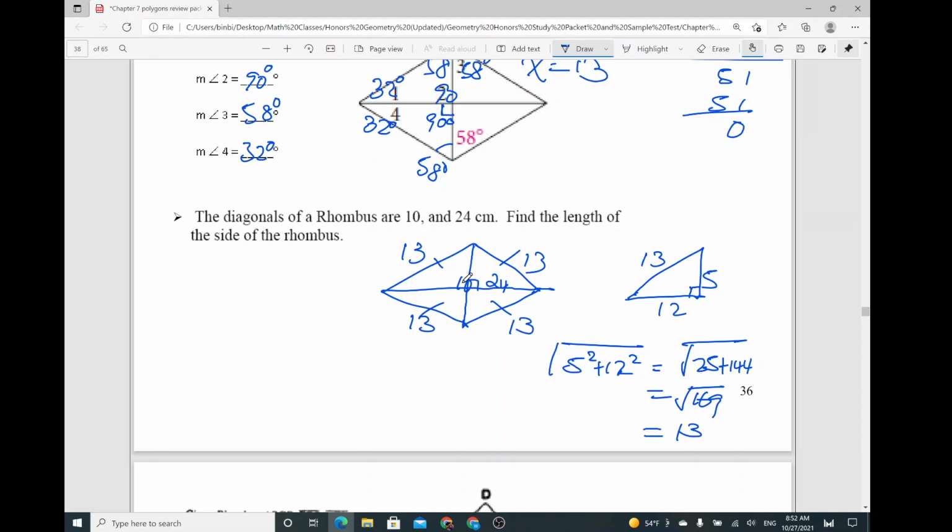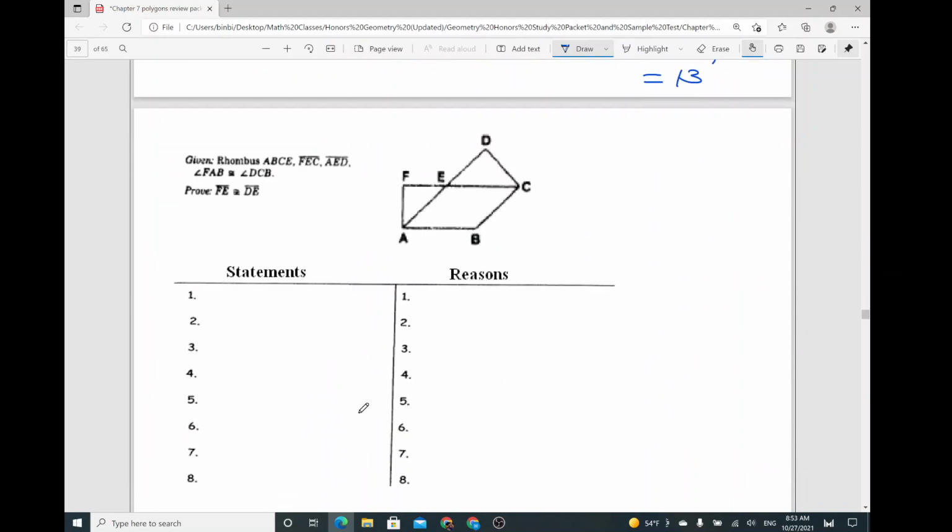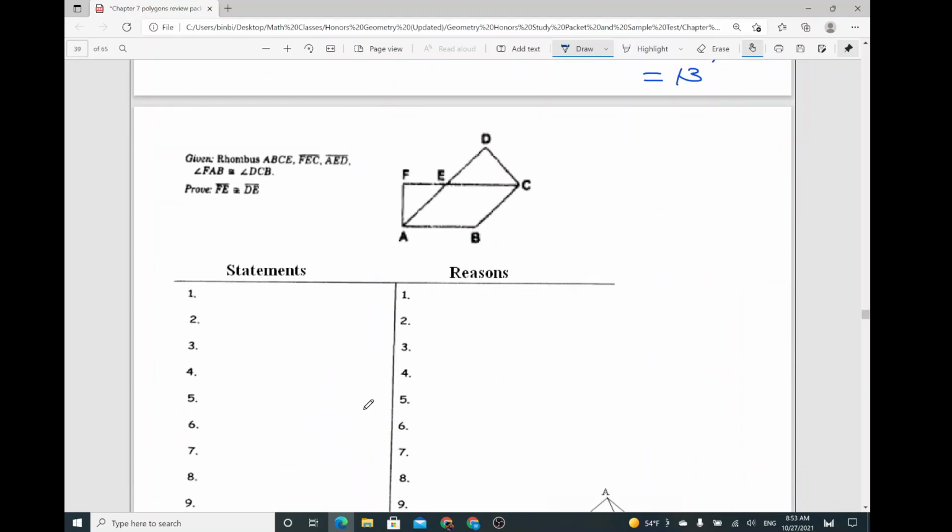Okay, so now let's take a look at what else we have for the rest of this. Proof. Alright, so given rhombus ABCD, FEC, AED, those are the plane and also the segments, and angle FAB is congruent to angle DCB.